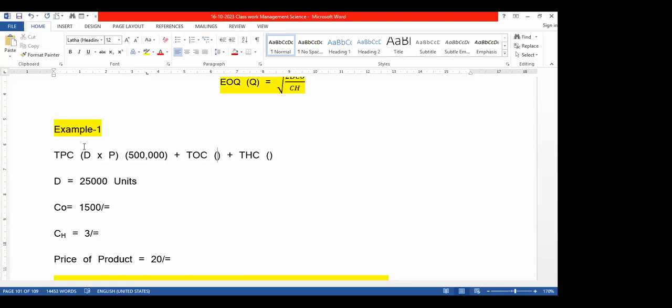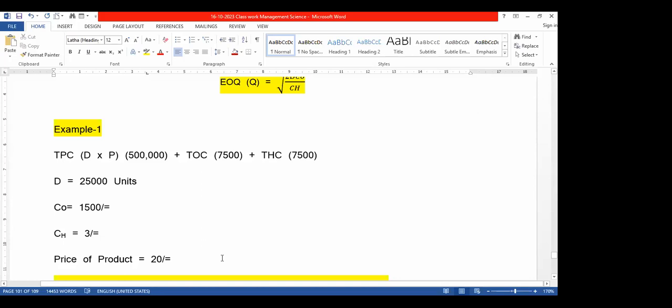Just tell me that total ordering cost is 7,500. 7,500, sir. Okay, then the other one also 7,500. Then how much is the total cost? 5 lakhs plus 500,000 plus 15,000, that is 515,000.